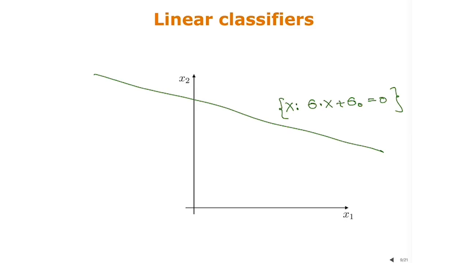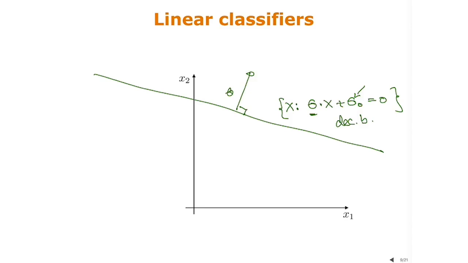This is now the decision boundary. And it is theta naught here that controls the location of the boundary, where it is in relation to origin. And theta here controls the orientation of that boundary. So again, theta as a vector is orthogonal to the decision boundary here.